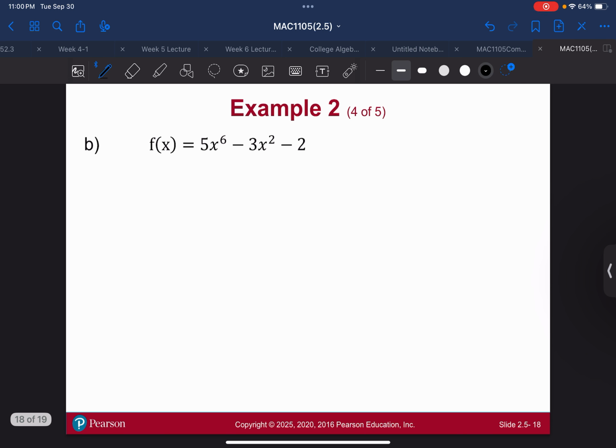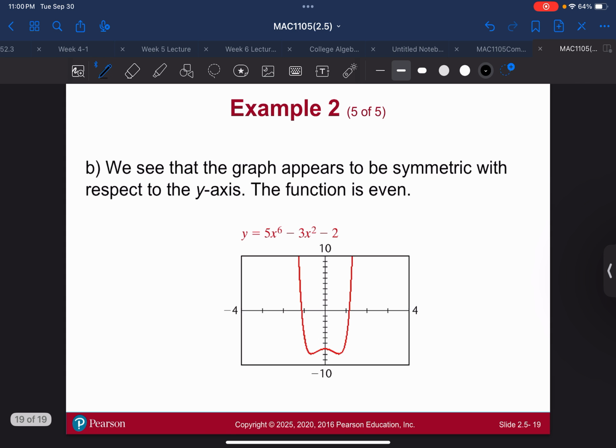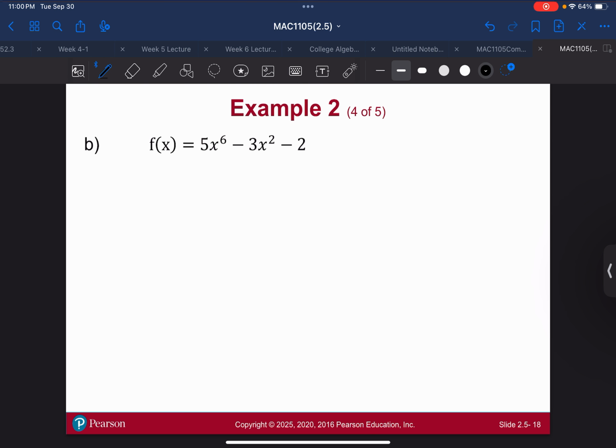Okay. All right, next example is the function 5x to the 6th power minus 3x squared minus 2. So we're going to test if this function is even, odd, or neither. So we are going to plug in negative x to this function, and then we will simplify.